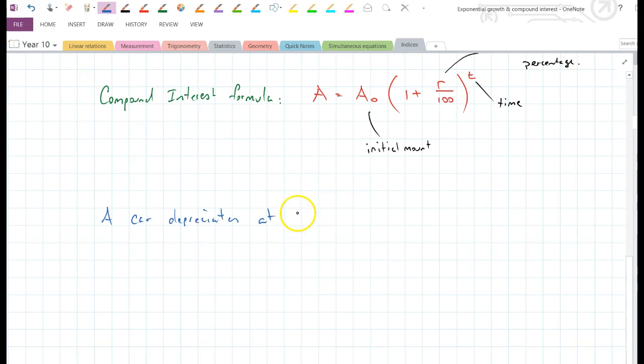Car depreciates at, let's say, so let's make it quite high, 12% per annum. It is bought in January 2015 for $41,000.